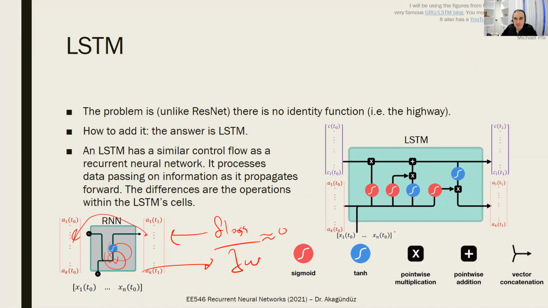And for this purpose, there is a gating mechanism. When we say gates, I'm using the literature of computer engineering. You know, NAND gate, OR gate, AND gate, those gates working on logical values of 0s and 1s.